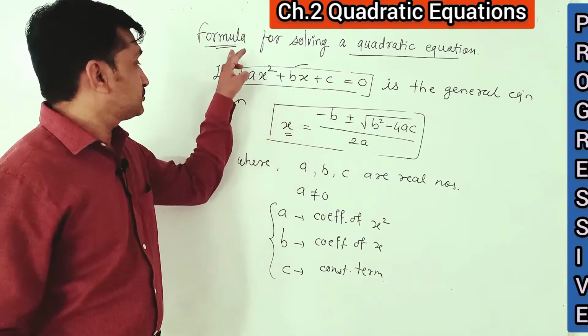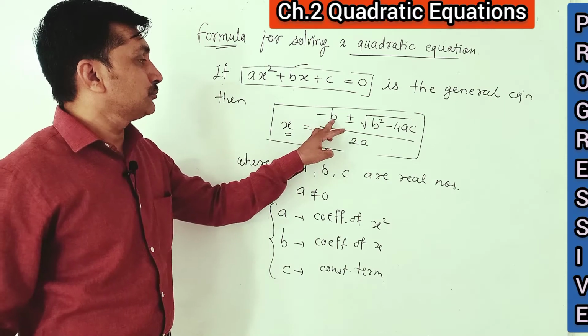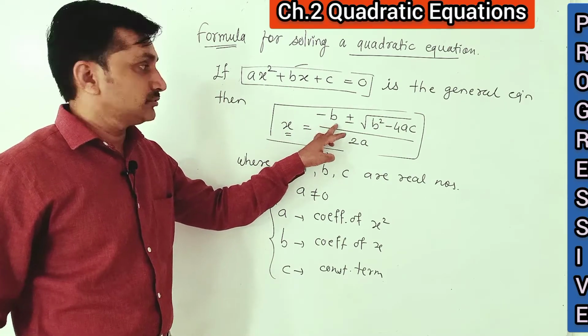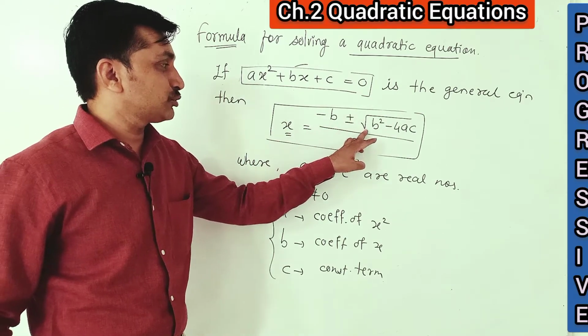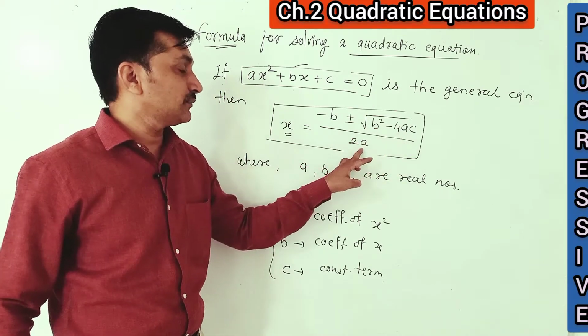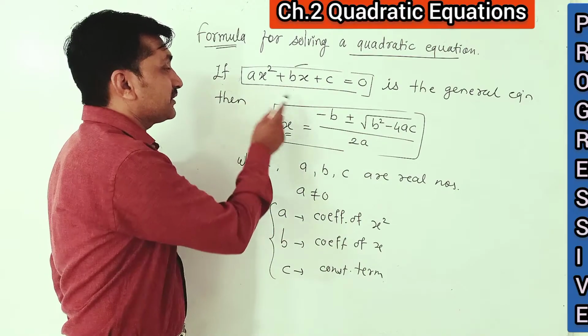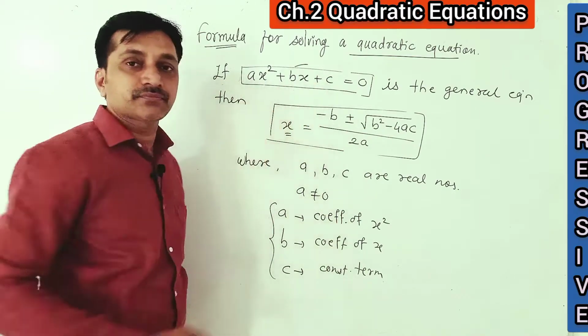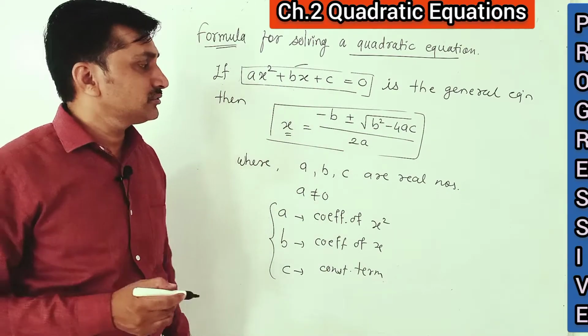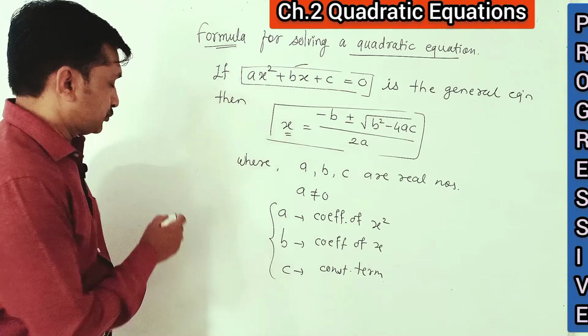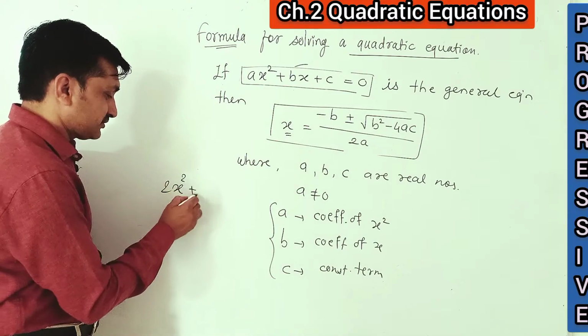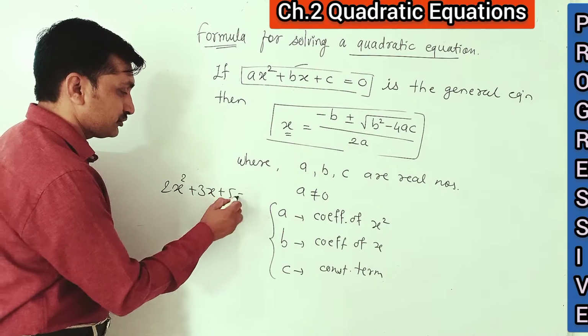The formula is this: x is equal to minus b plus or minus square root of b square minus 4ac upon 2a, and we get abc values by comparing the given equation with the standard form. Suppose 2x square plus 3x plus 5 is equal to 0.